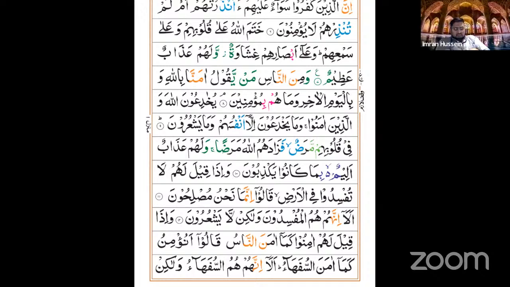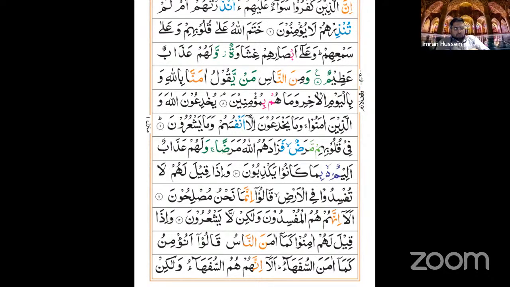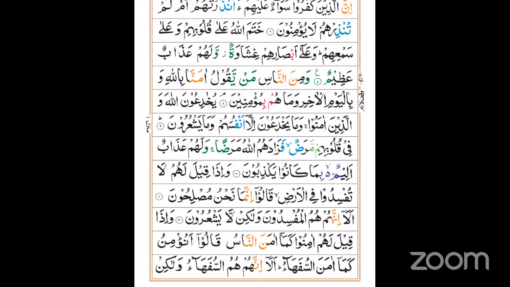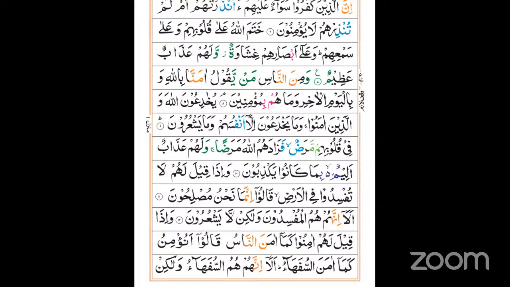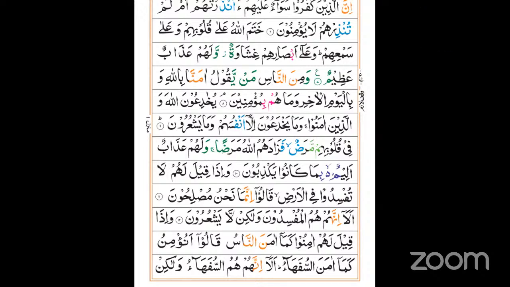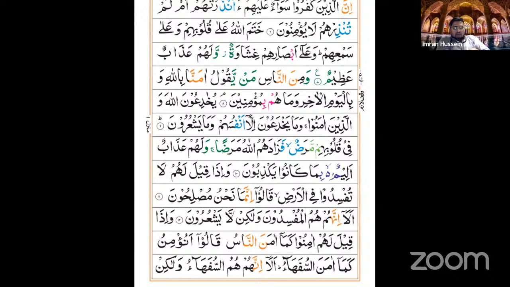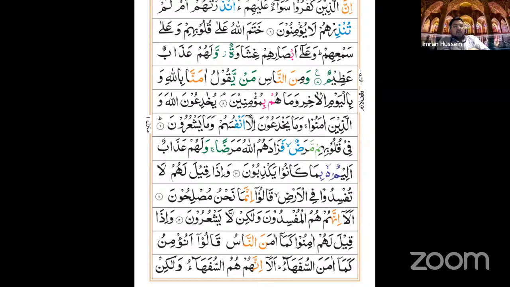Yufsidu, yufsidani, yufsiduna. Correct. Tufsidu, tufsidani. No, the ya comes back in the sixth form for the females. The ya comes back in yufsidna.